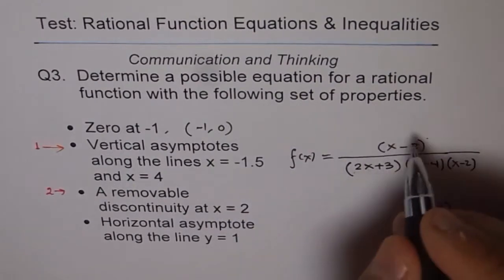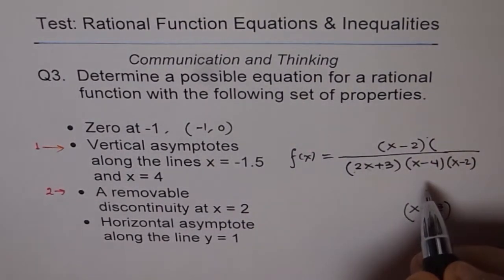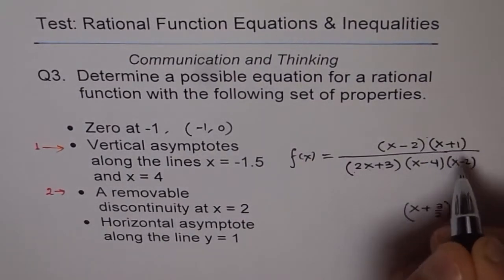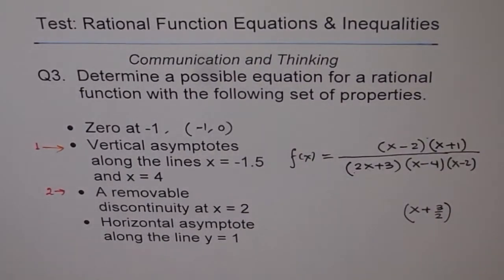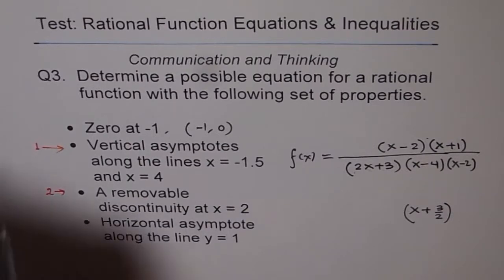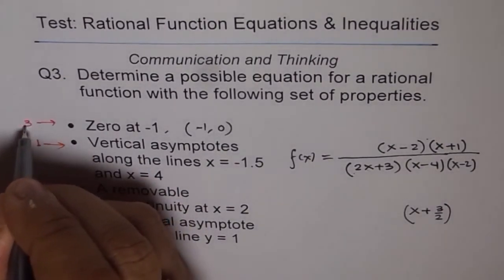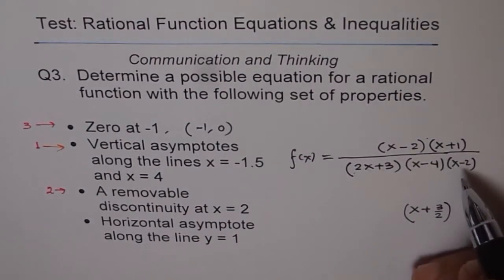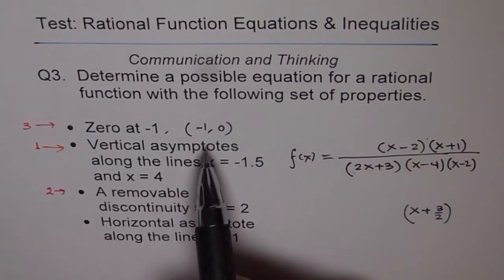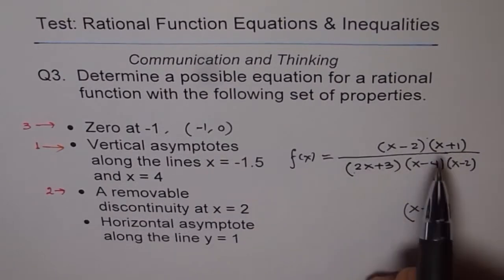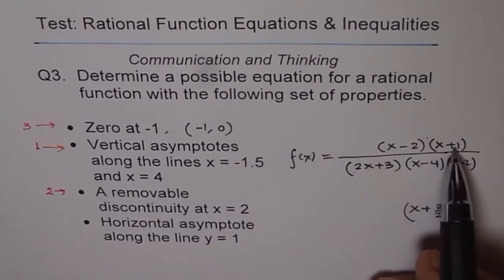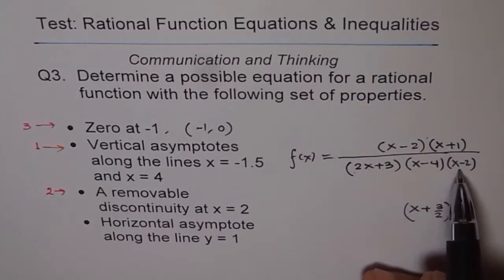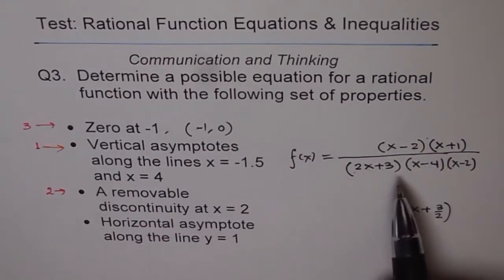So there is a factor in the numerator that will make it 0, and that factor happens to be x plus 1. This becomes step number 3. If I put x as -1, this becomes 0 and everything thereafter becomes 0. Nothing else becomes 0. Important to see.